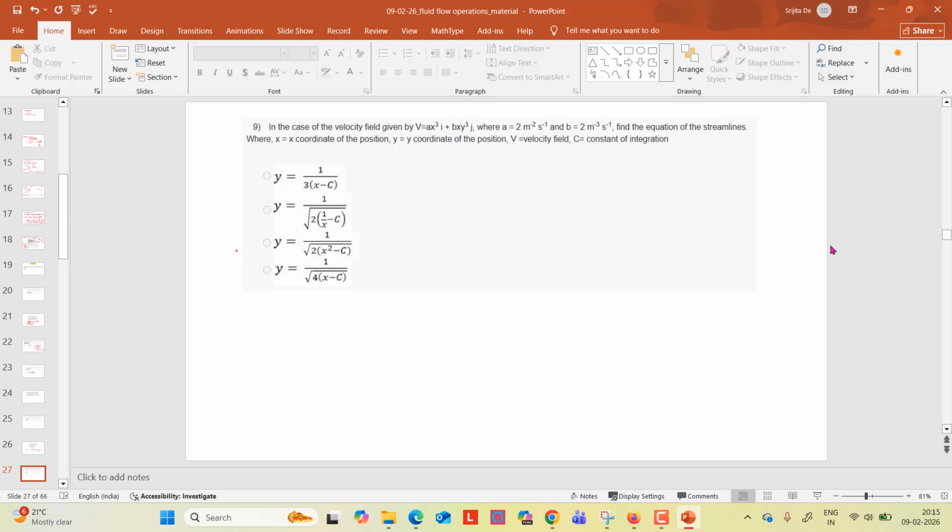So what is written, V is ax cube i cap plus bxy cube j cap, right? So here u equals ax cube and v equals bxy cube, right?